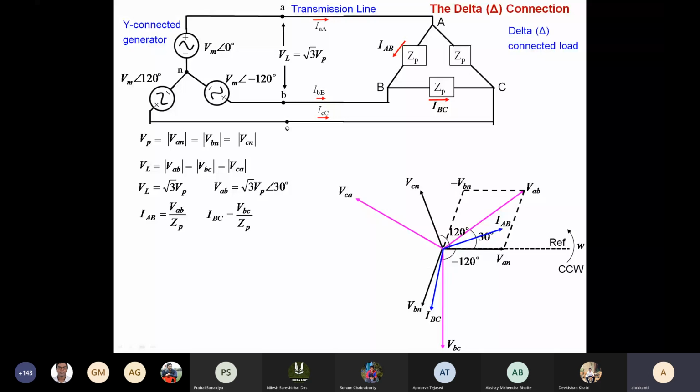So IBC is equal to VBC by ZP, and it is lagging VBC by a certain angle which is contributed by ZP.